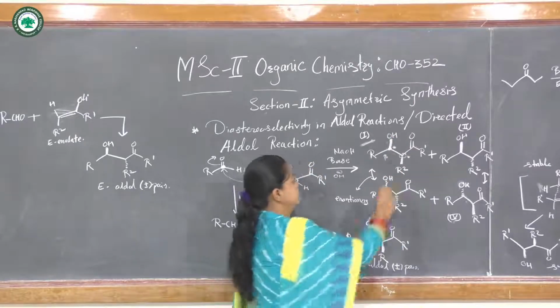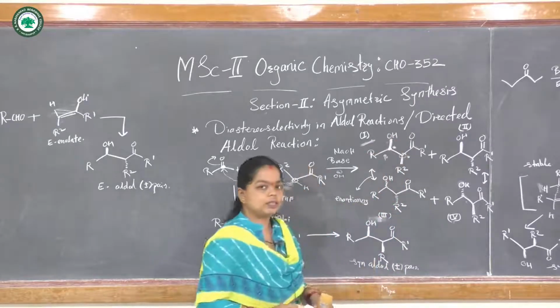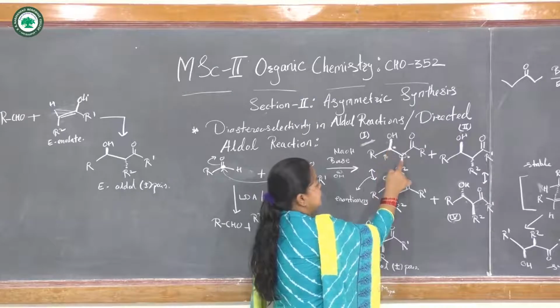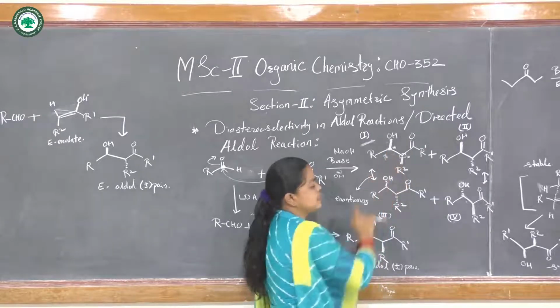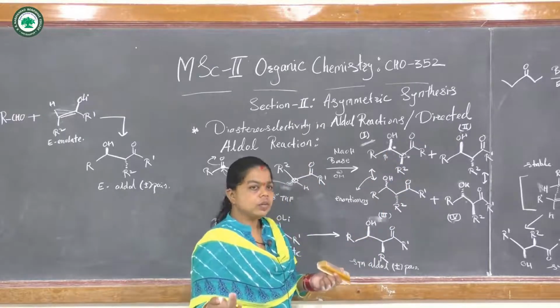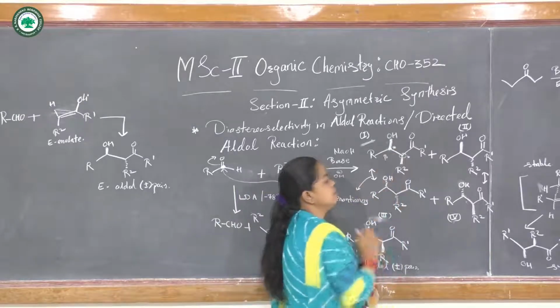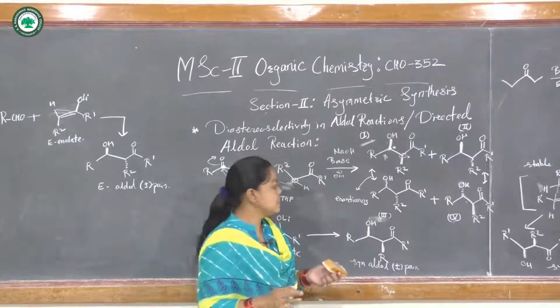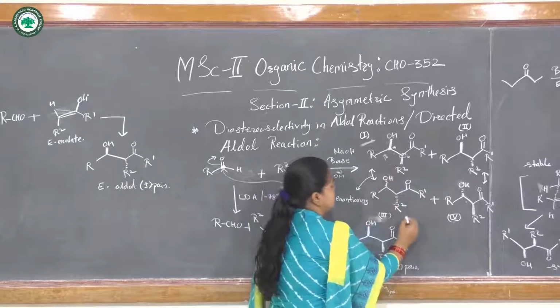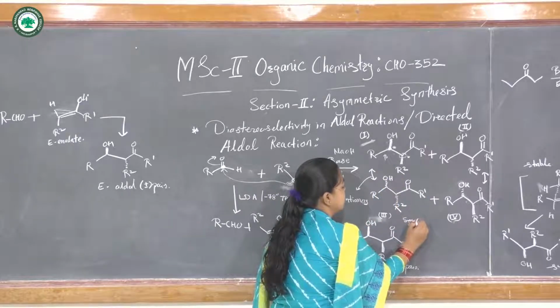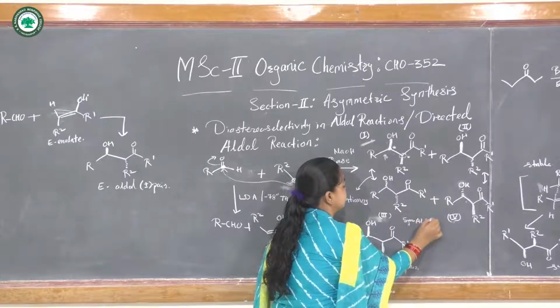So this R2 and OH group, these are beta oriented. These are syn aldol. We can say this as syn because the R2 and OH groups are present on the same side. So this is the syn aldol product.